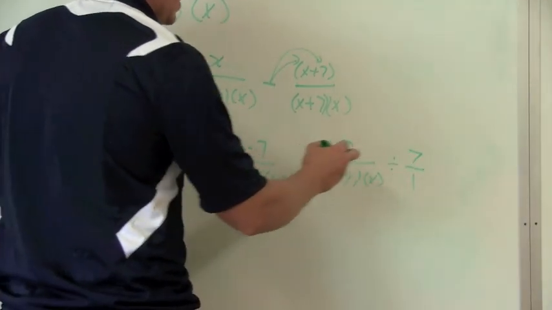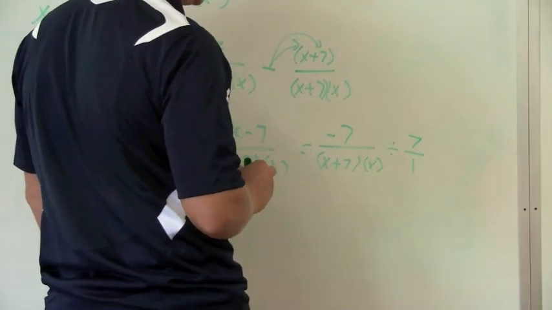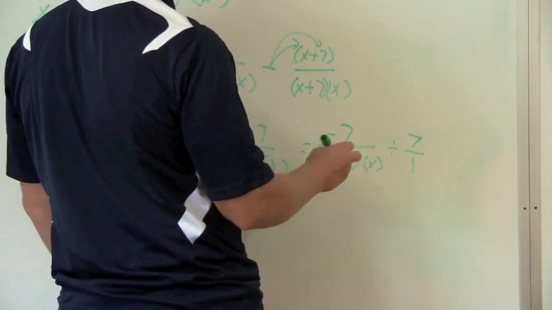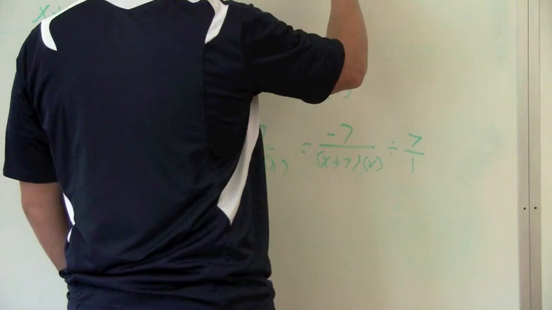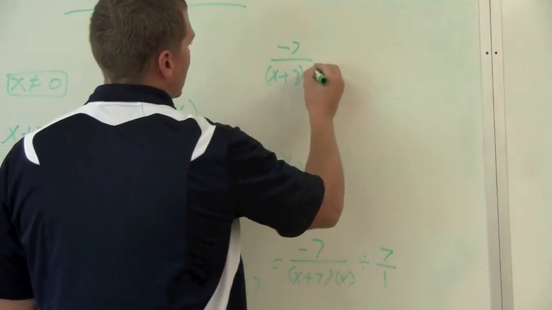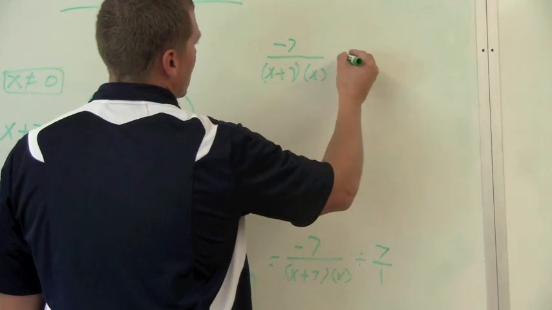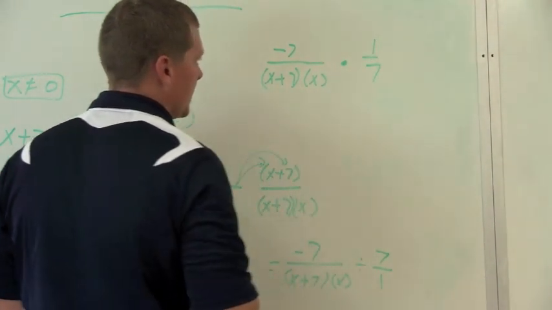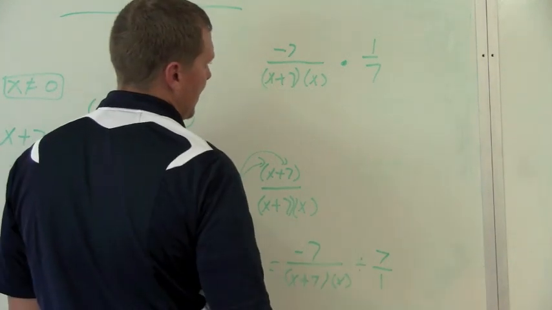So now, since we're dividing by 7 over 1, we can't really divide fractions, so we're going to change it to multiplying by the reciprocal. So we get negative 7 over x plus 7 times x times the quantity of 1 over 7, because we flipped that.